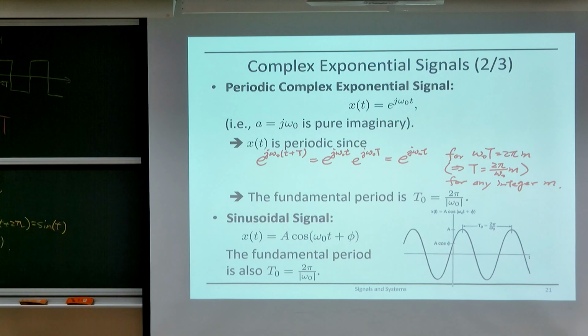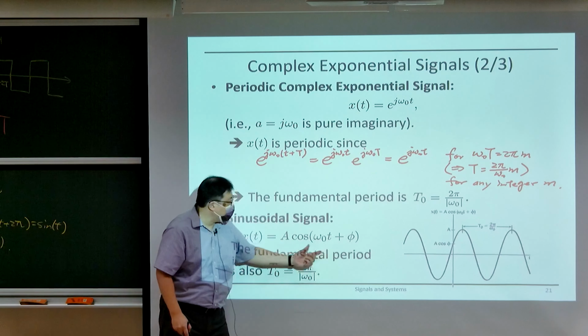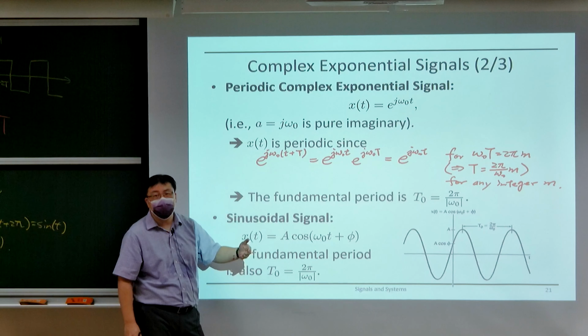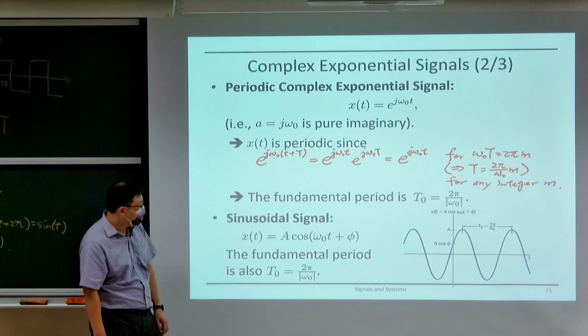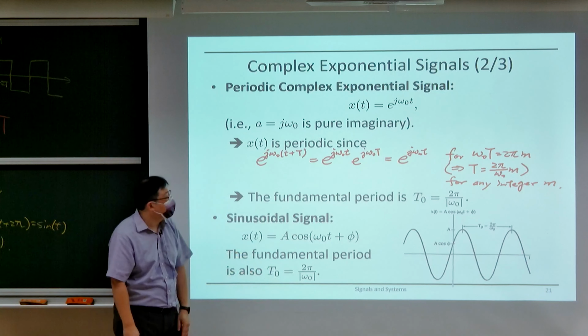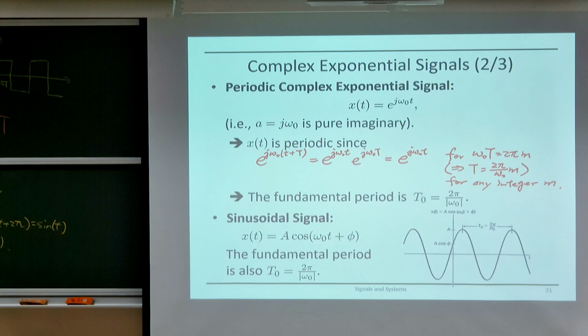But regardless of the phase shift, this sinusoid is always periodic, and the fundamental period is, again, 2 pi over omega naught, similar to this. By convention, here we're going to refer to the phase using radians as the unit.